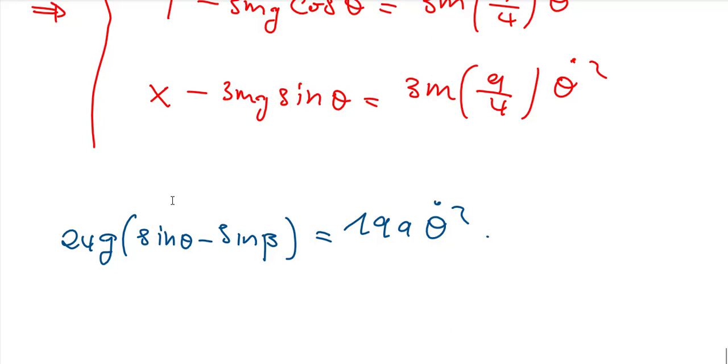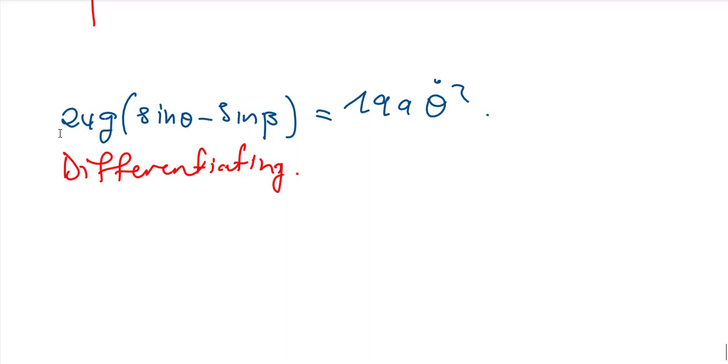We are going to differentiate implicitly with respect to theta. Beta is going to be a constant before theta, so the derivative of sine beta will be 0. Differentiating, we have 24g times cos theta times theta dot, that is d theta on dt.